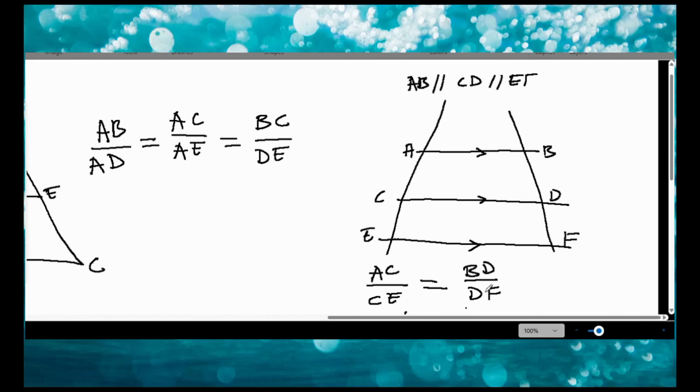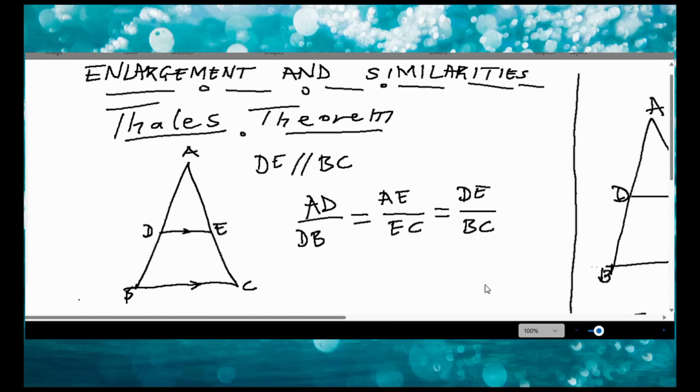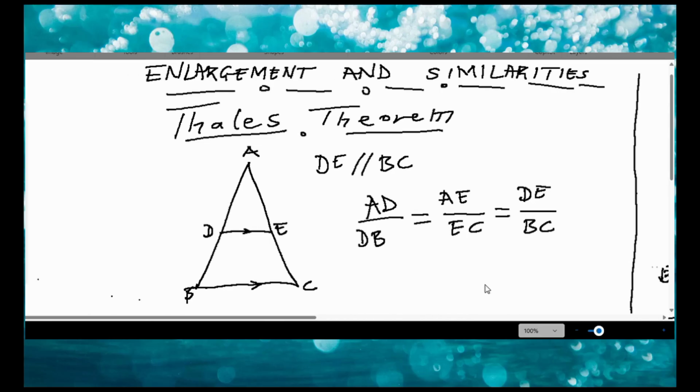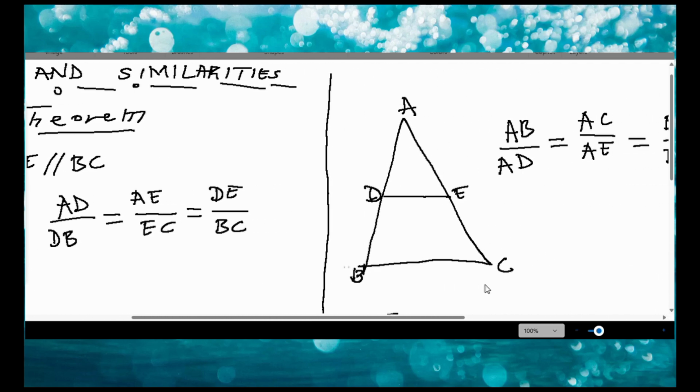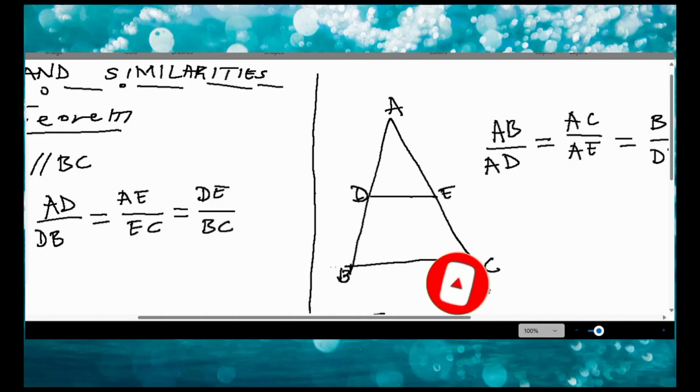So simply, this is how the Thales Theorem is going to be. And with this theorem, we can apply it in solving a lot of problems under the enlargement and the similarities. So in our next video, we're going to be looking at problems or application of the Thales Theorem. Thank you.